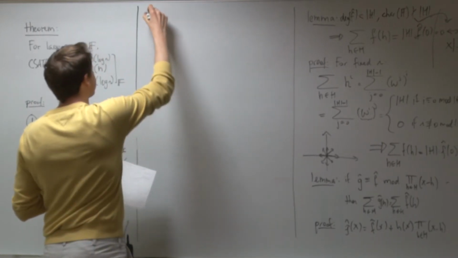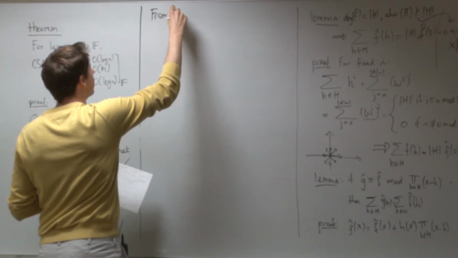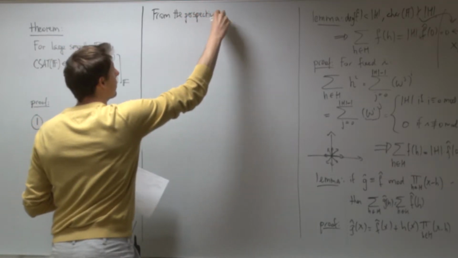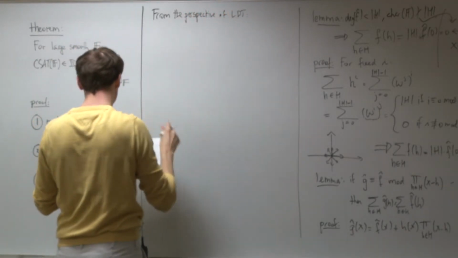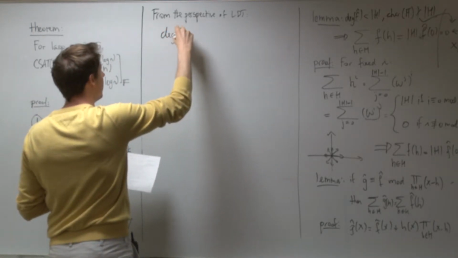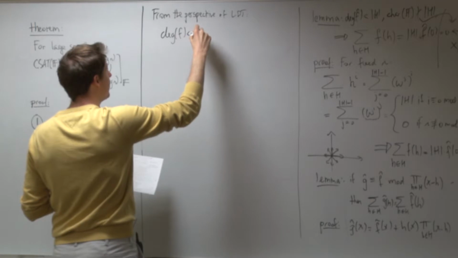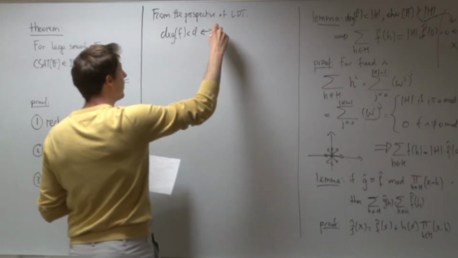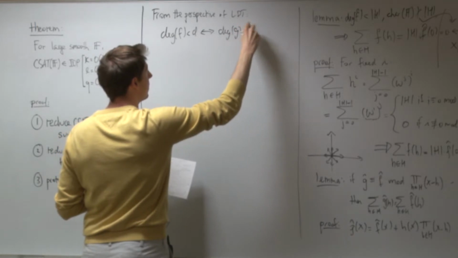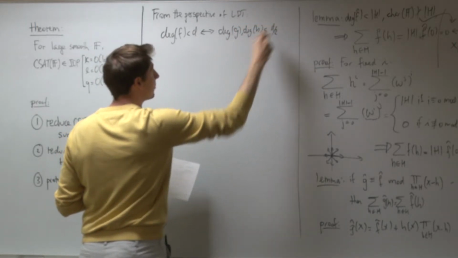From the perspective of low degree testing, the main thing that gives us any hope is that the degree of f is less than d, which is equivalent to saying that the degree of g and the degree of h are less than d over 2.